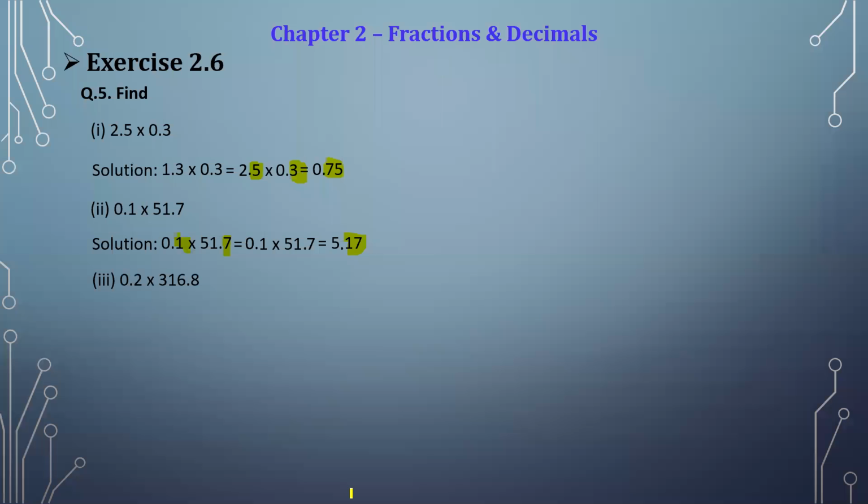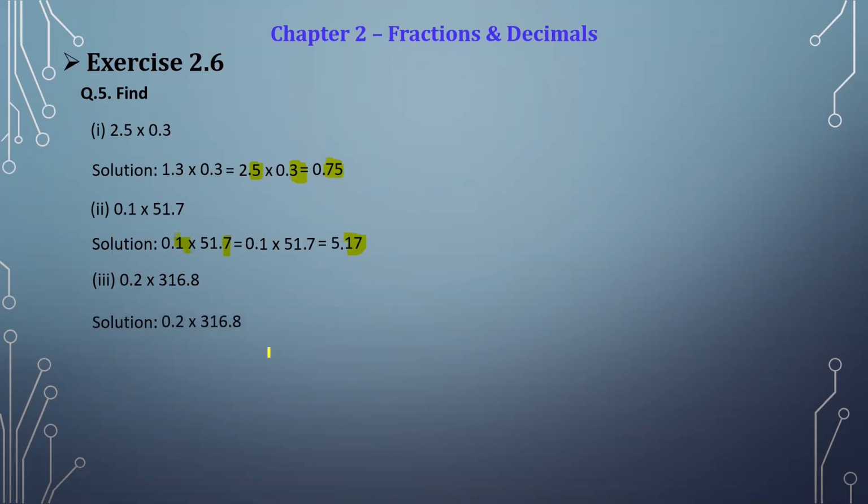That means if we consider the nature of the numbers, again two decimal numbers are provided. First one is 0.2 and the second one is 316.8. Now again we have to solve this example the same way.